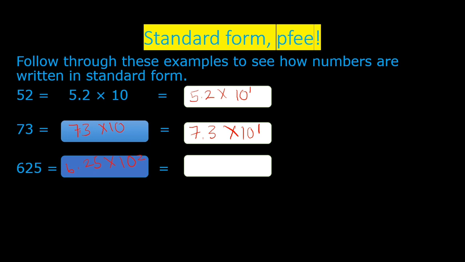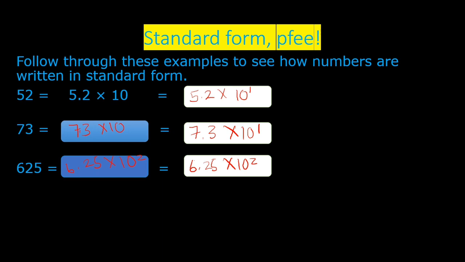It means the number is being multiplied by 100, or 10 to the power 2. Or we can just write this as 6.25 times 100, giving us 6.25 times 10 to the power 2.